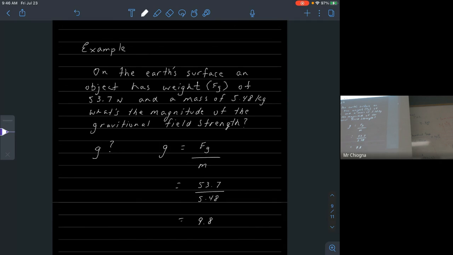So 9.8. You wouldn't use this. That's the expression for gravity. Just change the unit. That's all there is to it.